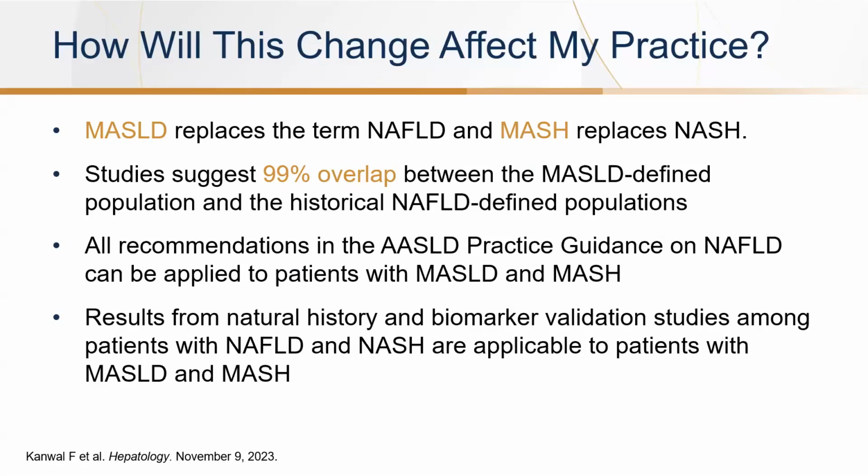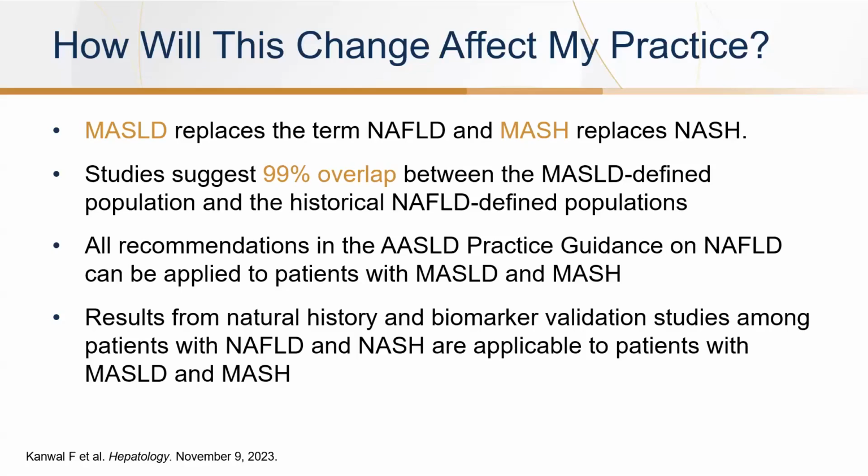Thank you. Okay. So we've just basically, as far as your practice, the term MASLD replaces NAFLD and MASH replaces NASH. Studies have shown that there is a 99% overlap between the metabolic dysfunction associated steatotic liver disease and the historical non-alcoholic fatty liver disease populations. The terminology was changed just because of the bad reputation.